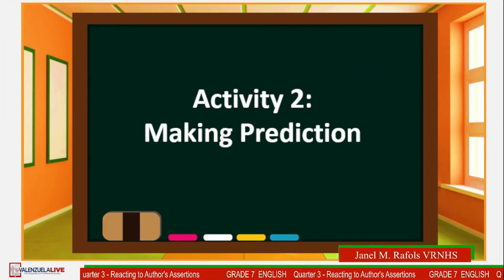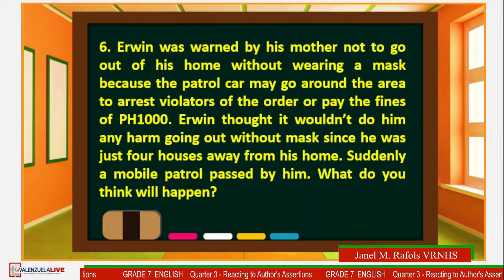Activity 2. Making prediction. Read each situation and predict what will be the outcome of the situation. Choose the correct answer. Number 6. Erwin was warned by his mother not to go out of his home without wearing a mask because the patrol car may go around the area to arrest violators of the order or pay the fines of 1,000 pesos.